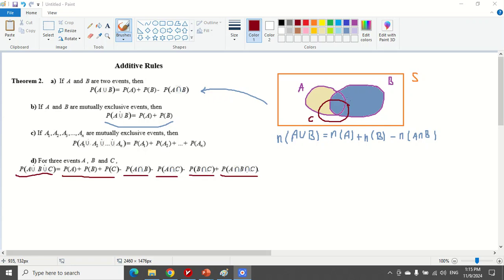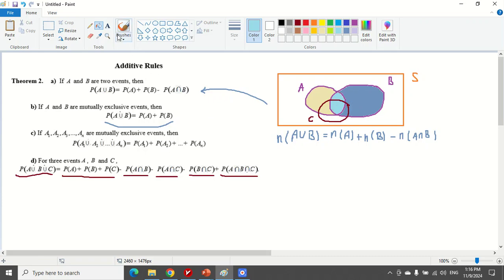We consider the first and second one, A and B. If we want to count the number of elements of A, then this shaded part is A. It's the part that belongs to A, and if I just add the number of elements of A with the elements of B, then the intersection part is repeated 2 times.